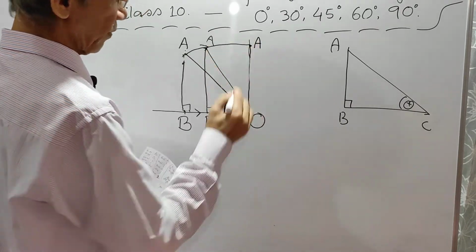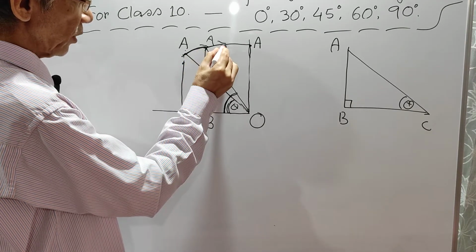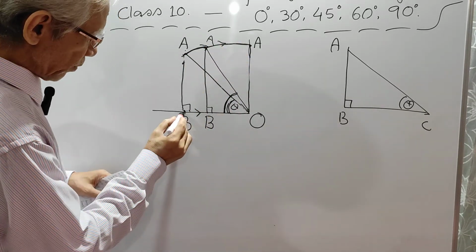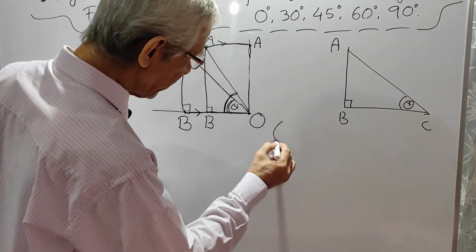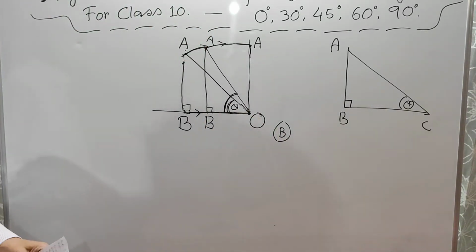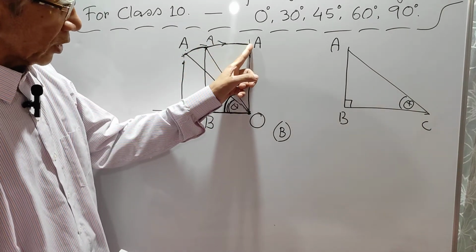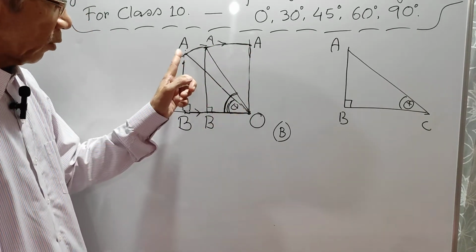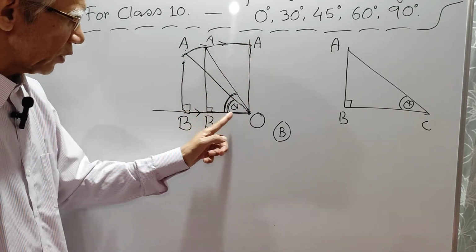Originally it was here, then it moved to this, then to this, and finally it has come to A. Now when it comes to A, B will go and coincide with O. The same point will be O and also B. As A is moving towards this point, B is moving towards O. When this point comes to this position, B will coincide with O.